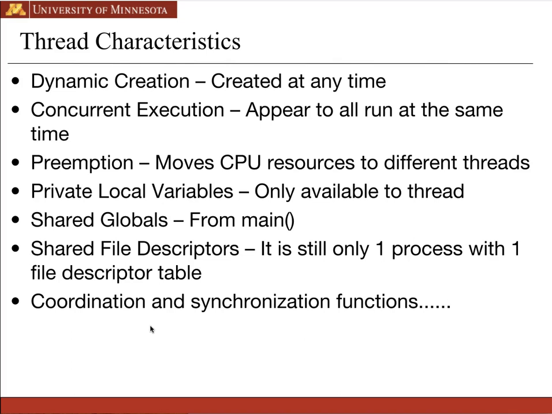We create concurrency by having concurrent execution, and I always step back and think about it: it isn't that they actually, quote unquote, run at the same time, because only one thing is ever really running in a CPU. Yes, we can have multiple CPUs and different cores, and they could all run independently. But what I mean is that us as humans cannot perceive anything sub-second or sub-millisecond.